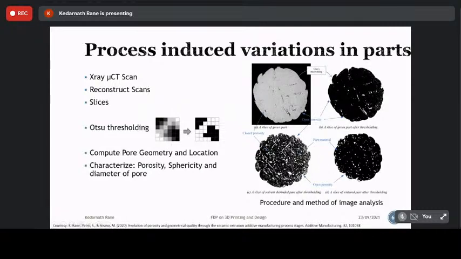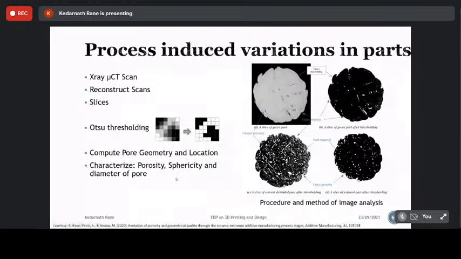So we did the scans for ceramic, because inside a ceramic it is very difficult to monitor or to approximate. So we did this microCT scanning. We did some image processing or just thresholding. Again, you can refer to this paper to understand how the porosities evolved through these process steps.